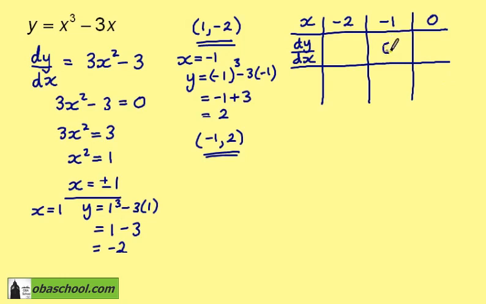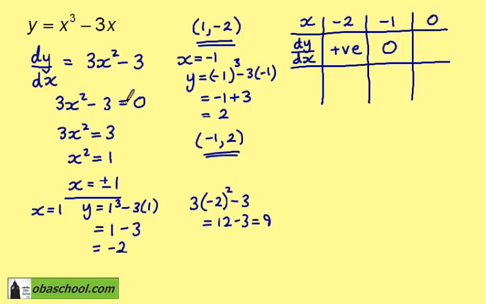We know the turning point is at minus 1, so the gradient is 0. We need to look at minus 2, evaluate dy/dx with x equal to minus 2, and we get 12 take away 3, which is 9. The important thing is that this is positive.